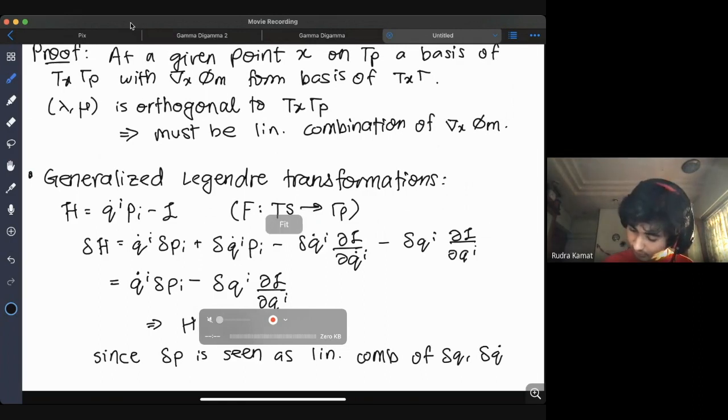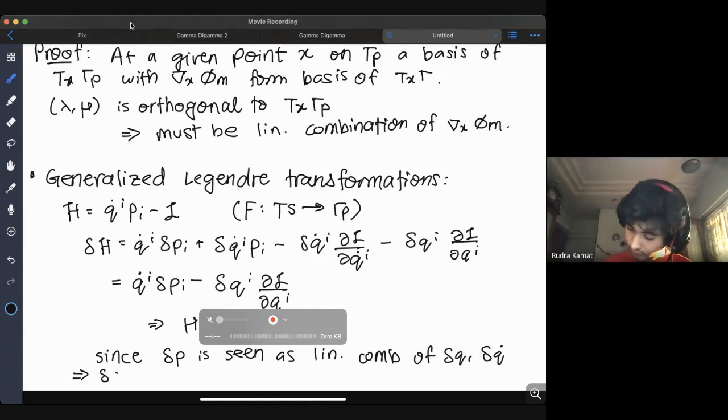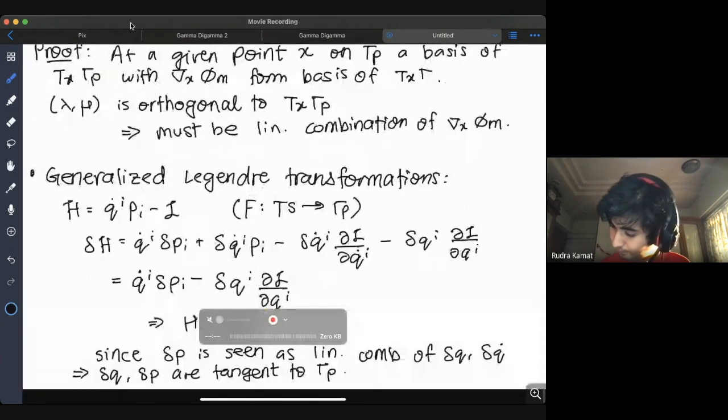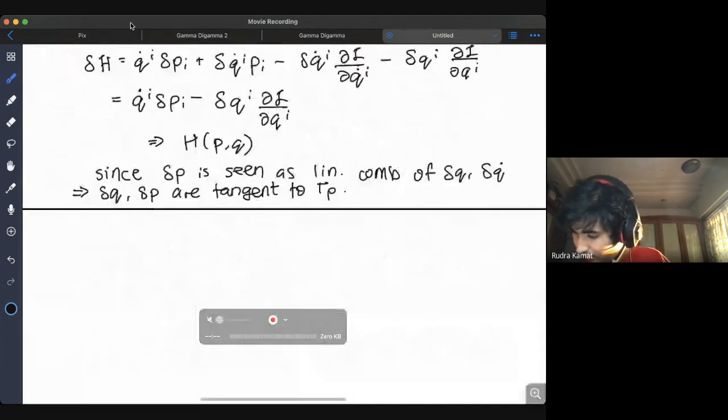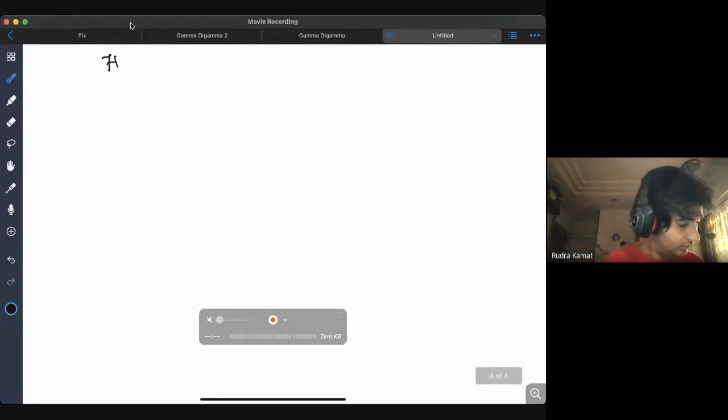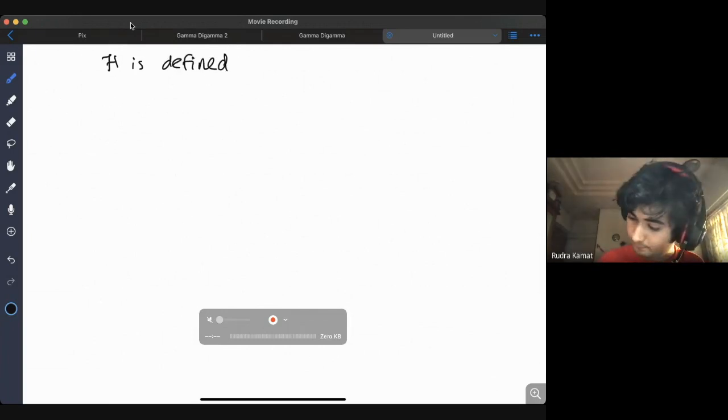That means that delta p and delta q are tangent to gamma sub p, and moreover the Hamiltonian is defined on gamma sub p only.